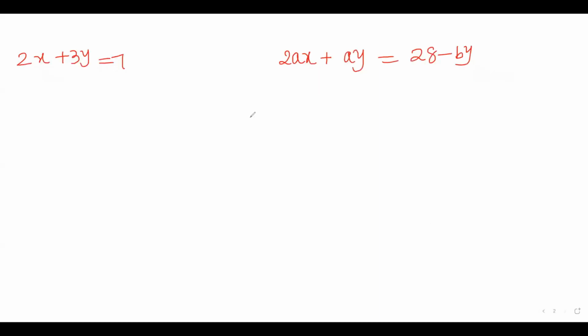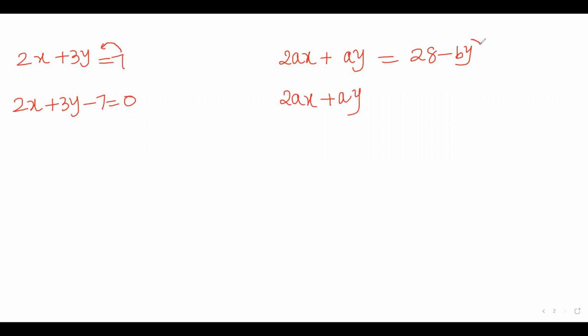Now I would like to transpose this 7 to the left hand side. So I will get 2x plus 3y minus 7 is equal to 0. Let us transpose this separately: 2ax plus ay.